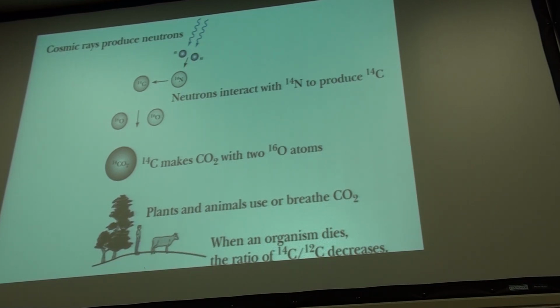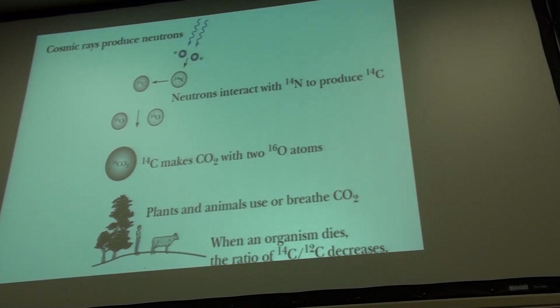Okay, and so you can actually produce carbon-14 out of nitrogen-14 with the help of the sun. And the sun's energy then, cosmic rays in particular, can produce neutrons. And those neutrons can then interact to produce carbon-14.